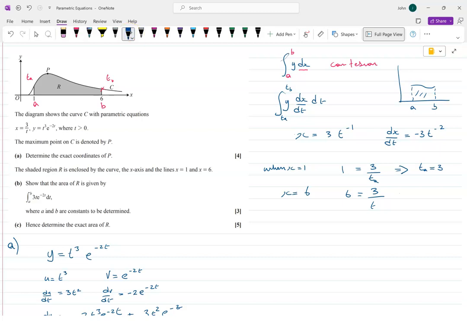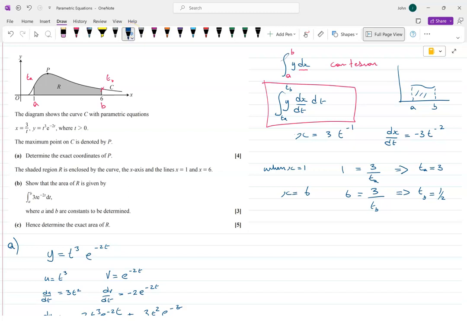So that gives us t_b equals a half. So now we should be able to put everything into this formula here, because we've got everything we need.